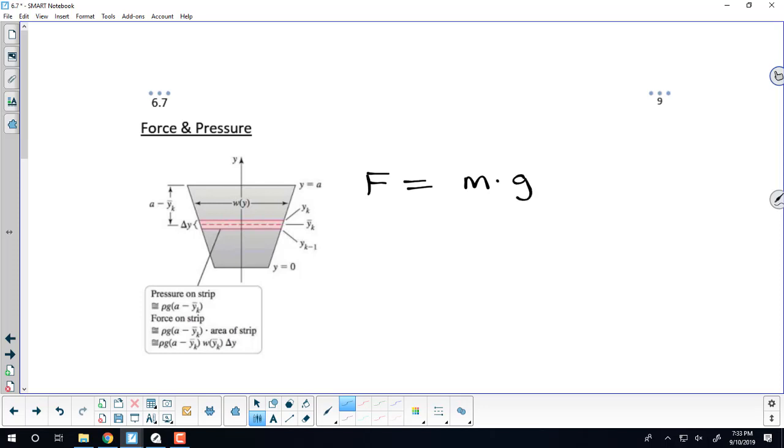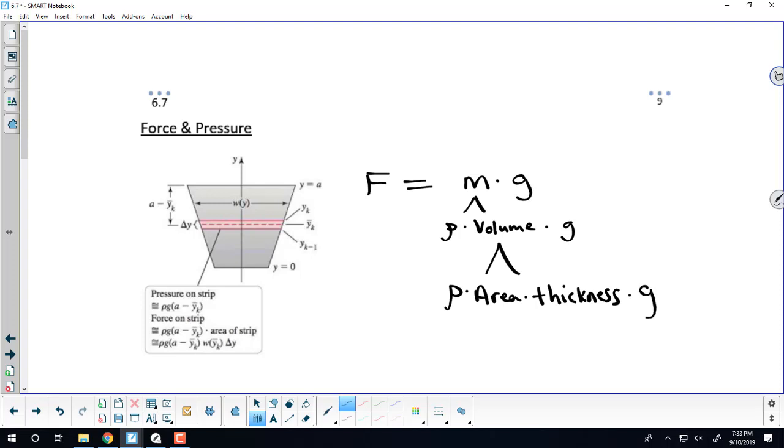So force is mass times gravity, and then we'll break down mass once more: density times volume. Again, we're not thinking of a volume here. In fact, we're only thinking of an area. So we want to break down volume as area times the thickness, or a length or linear measurement, however.